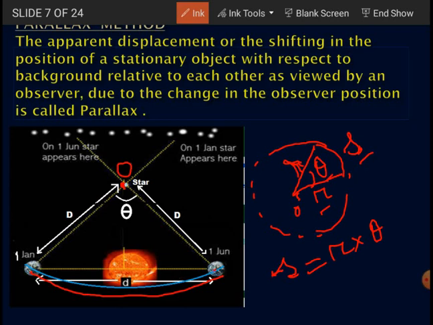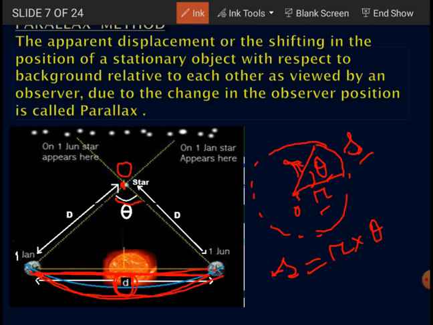So this angle theta will be very small, and if that theta is very small, then this arc length will be approximately equal to the distance between the two positions, the diametrically opposite distance, which is denoted by small d. So your arc length will be equal to what? Small d. Am I right?